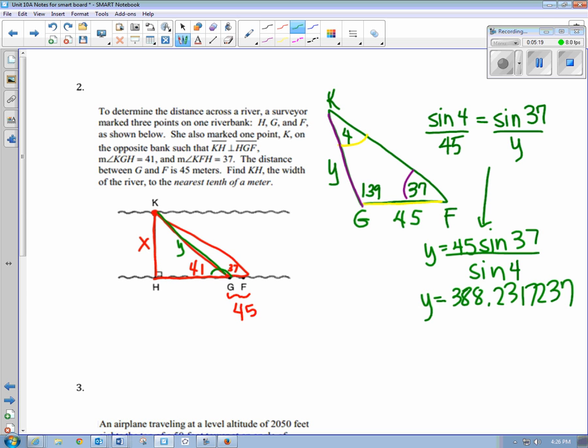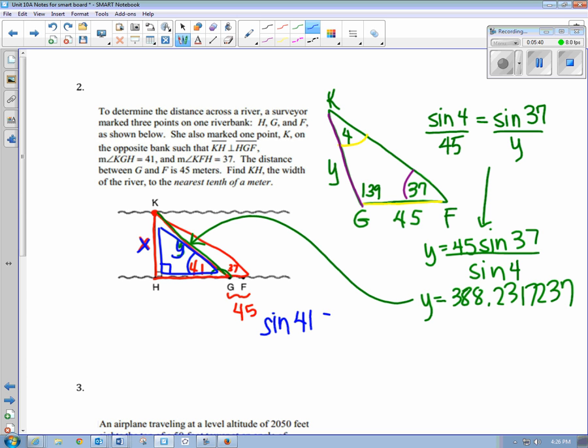I do need to take that y value though and remember that that goes here. So when I'm looking at the triangle on the left, I now have an angle measure, the shared side of y and this x that I'm looking for, so I can set up a SOHCAHTOA trig problem because of the right angle that's in here.